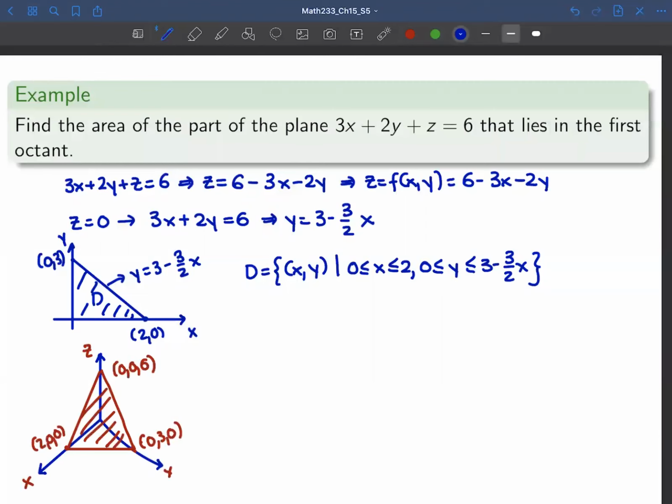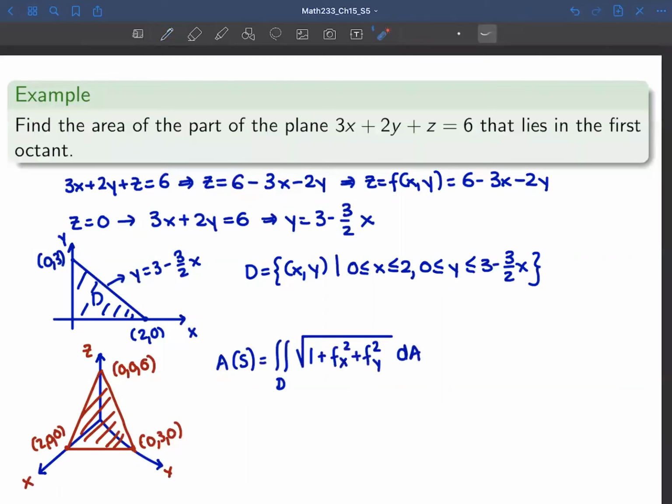So the area of the surface S will be given by the double integral over the region D of the square root of 1 plus fx squared plus fy squared times dA.